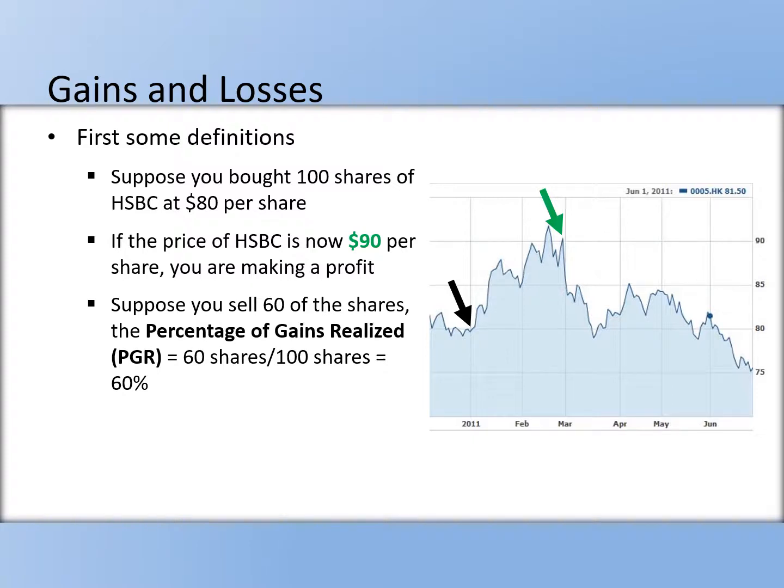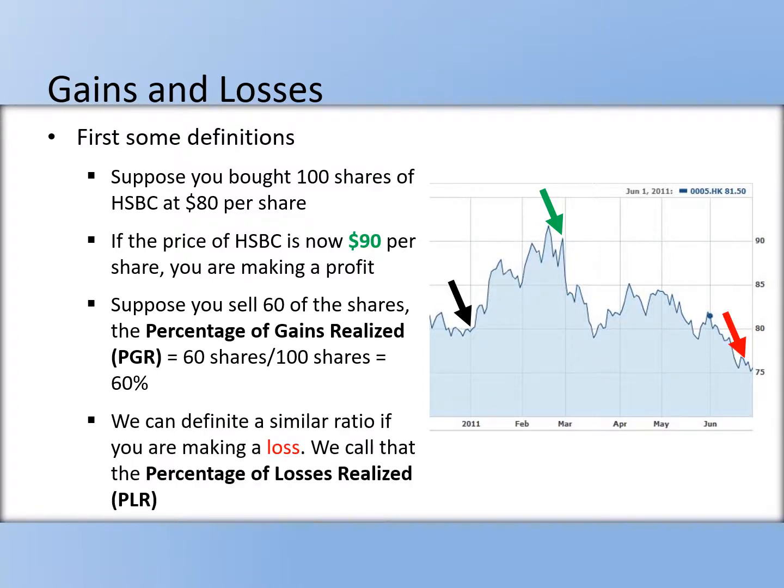So this idea is something we're going to use for this part of the course. It's this idea that you sell part of your shares and we calculate the percentage. Let's say you sell the remaining at a loss, say here at about $76.